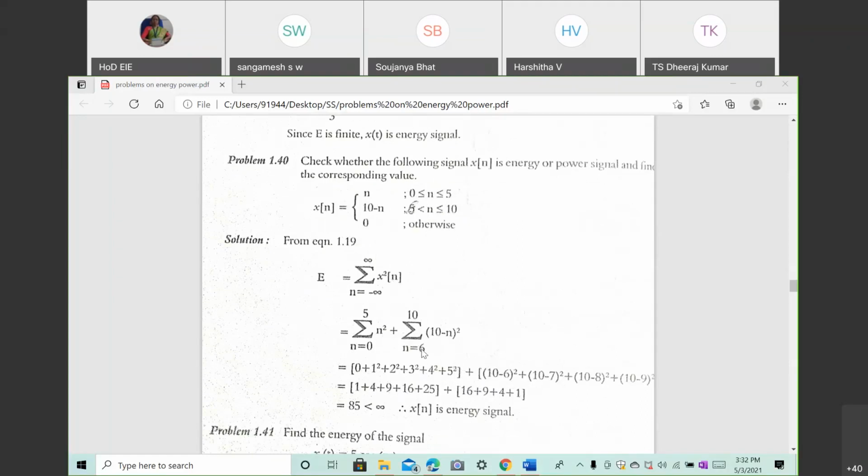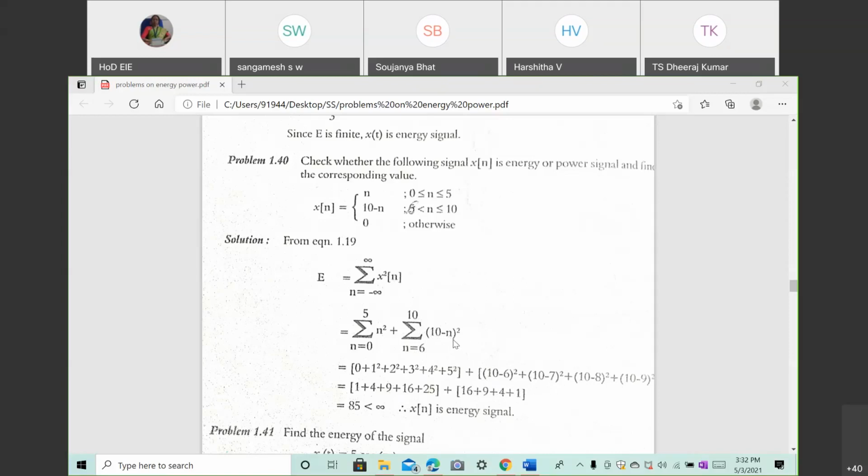Then next, n from 6 to 10, the equation is 10 minus n. Suppose n is 6, 10 minus 6 is 4, 4 square is 16. Then n value 7, 10 minus 7 is 3, 3 square is 9. Then n equal to 8, 10 minus 8 is 2, 2 square is 4.